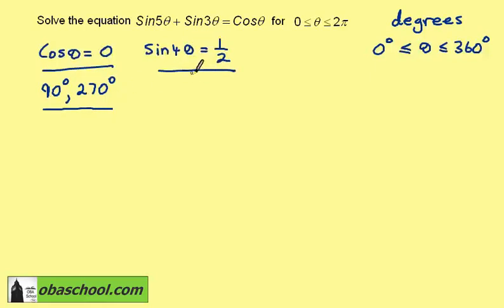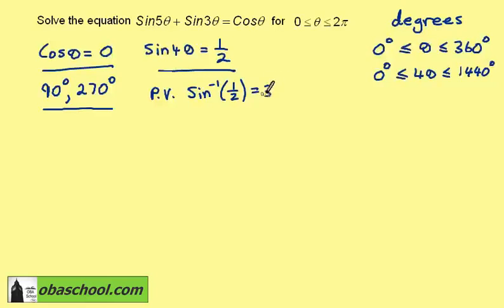Looking at sin 4θ = 1/2 in this range, we need to look for solutions for 4θ between 0 and 1440. First looking for our principal value, the inverse sine of a half is 30 degrees.